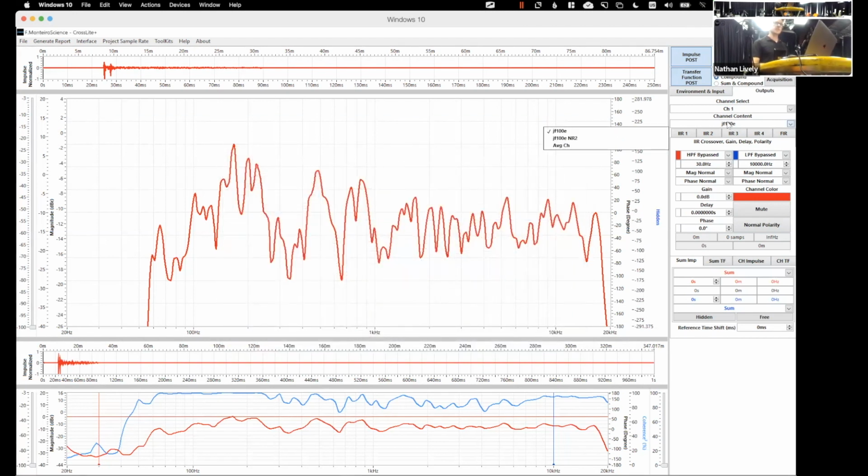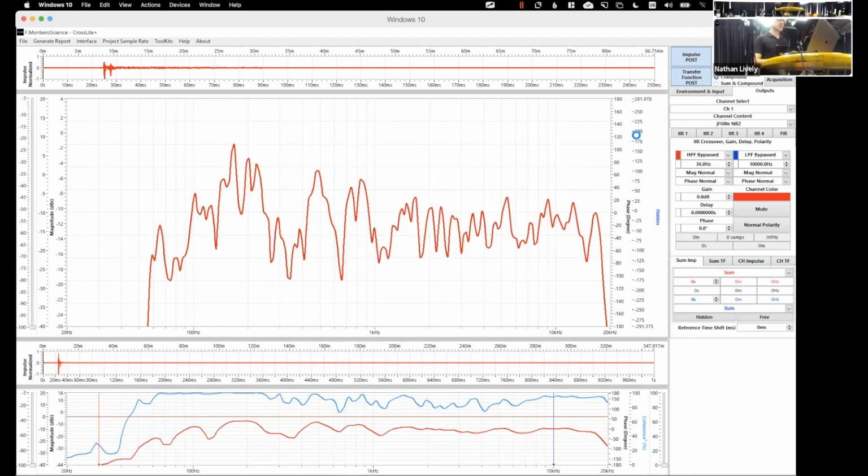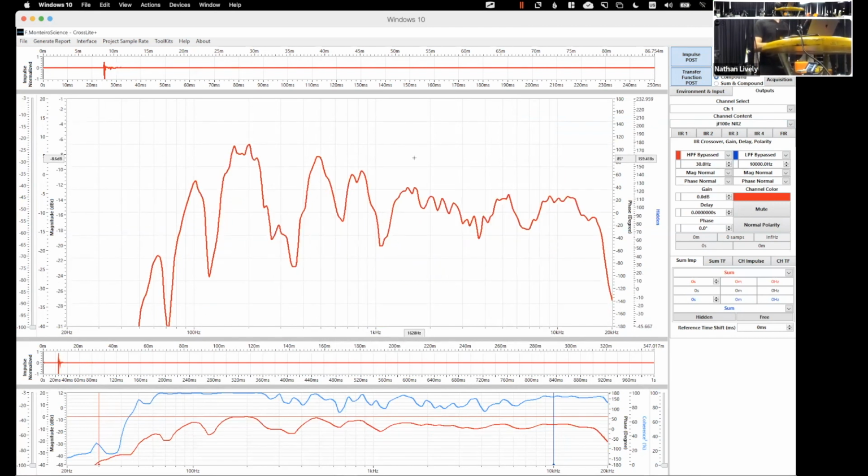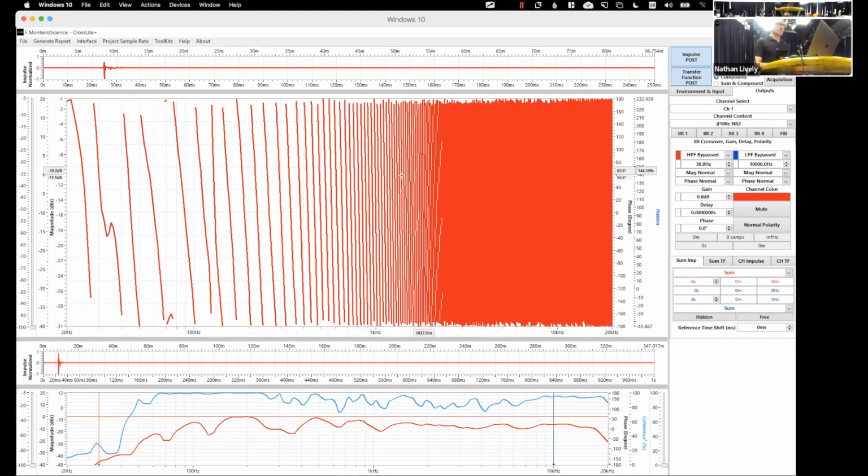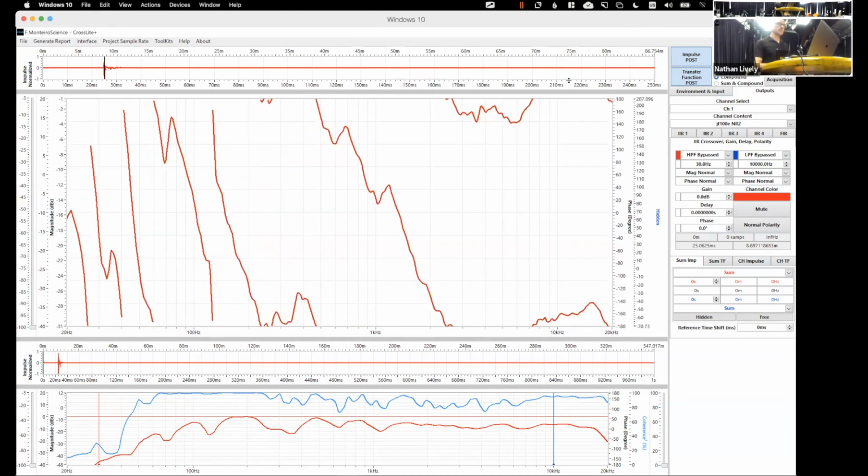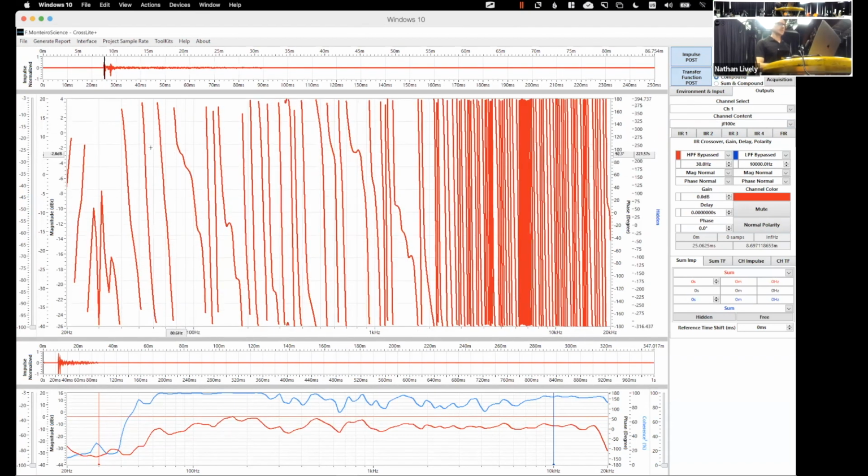I'm using a lot of noise reduction to see if we can get through some of the noise here. Because take a look at this phase graph compared to this one, right? So here's all the noise that we had before.